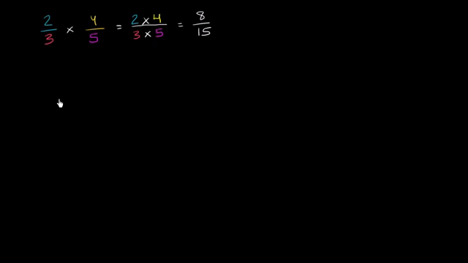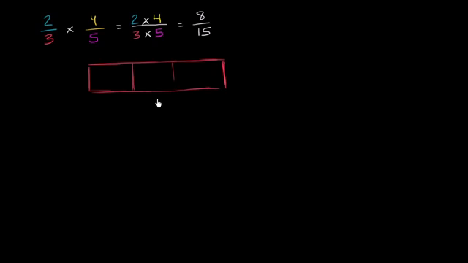So let's draw 2/3. I'll draw it relatively big. I'm going to draw 2/3, and I'm going to take 4/5 of it. So this is 1/3, and then this would be 2/3.